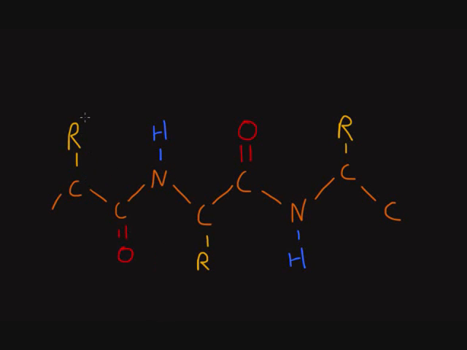You've got R groups going in different directions to each other from different amino acids. An oxygen group is going away from each other, and this is also important because it's not just the R groups that have chemical properties, but this oxygen here and this hydrogen here, they have the potential to form hydrogen bonds with each other.